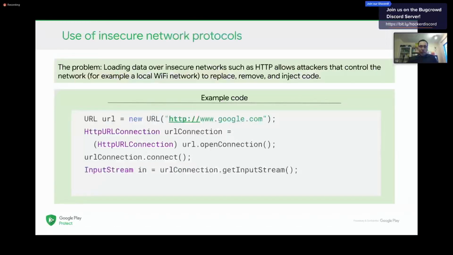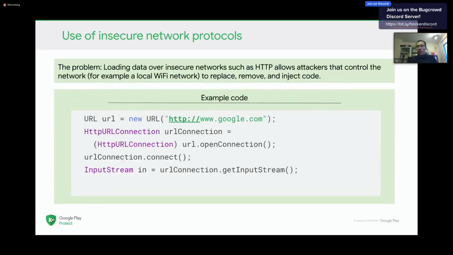Very basic. So what does it mean to use an insecure network protocol, and especially to read from one? What is the problem? The problem is if you load from an insecure network protocol, for example HTTP, but it doesn't have to be. There are Android applications that use FTP. There are Android applications that use Telnet.